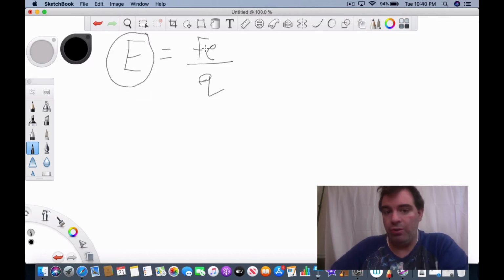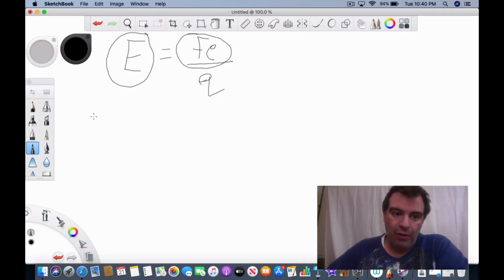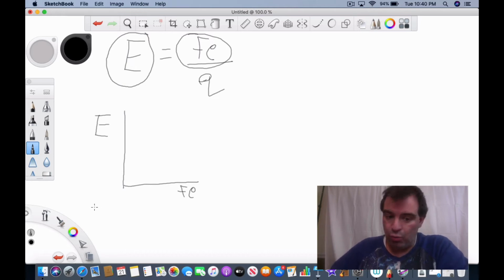The first one is electric field strength and F_E. If you remember correctly, F_E is the numerator, so the relationship between these two variables is going to be directly proportional.